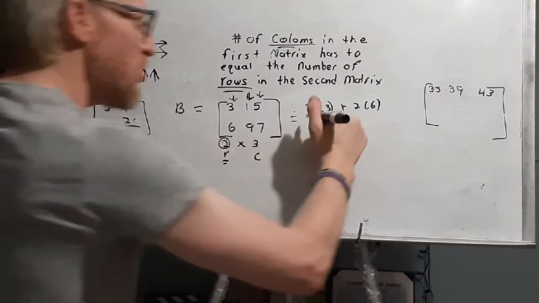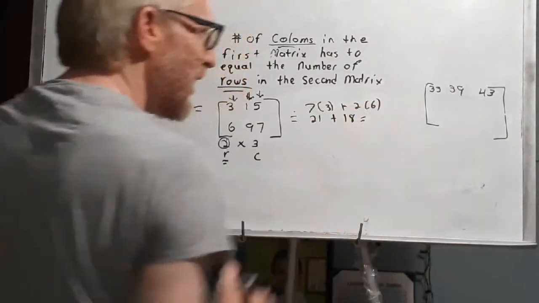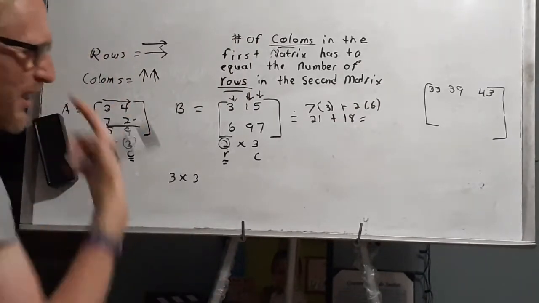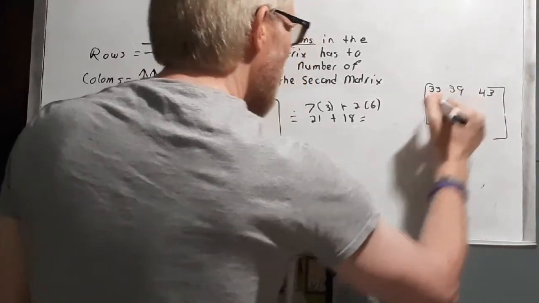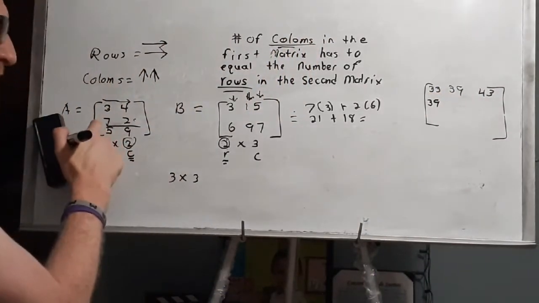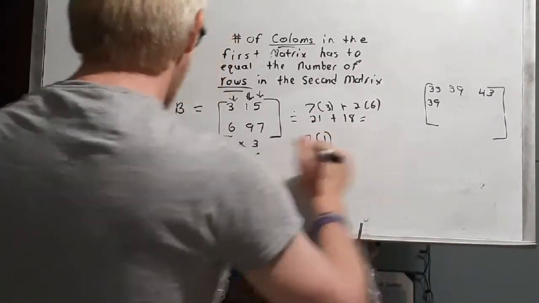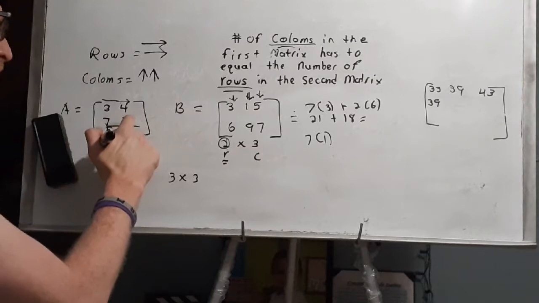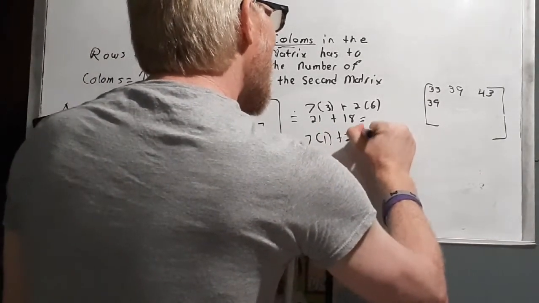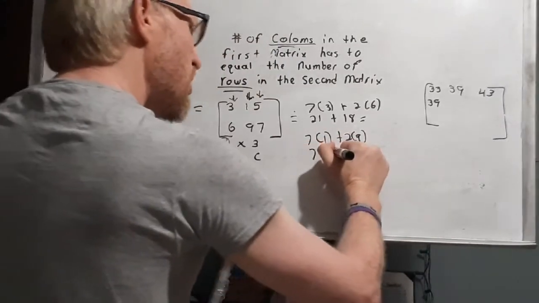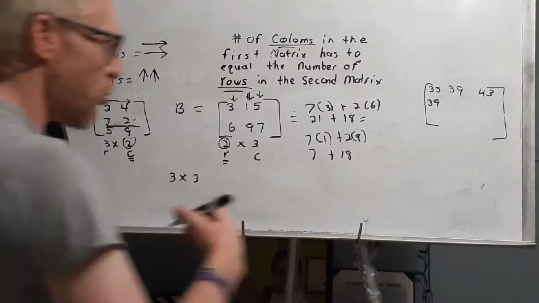And 7 times 3 is 21, and 2 times 6 is 18, and 21 plus 18 is 39, so that would be the next number here. Then I'm going to multiply 7 times 1, again, rows times columns, plus 2 times 9. So 7 times 1 is 7, 2 times 9 is 18.